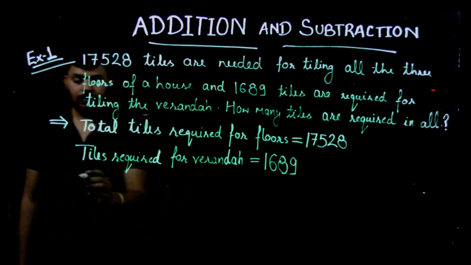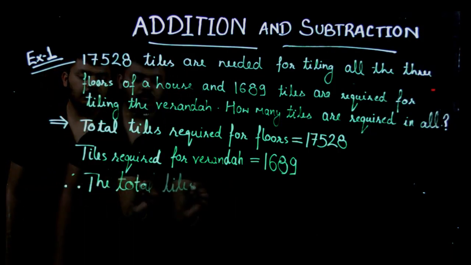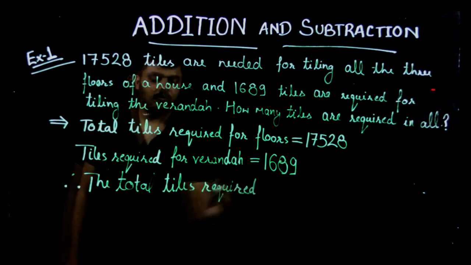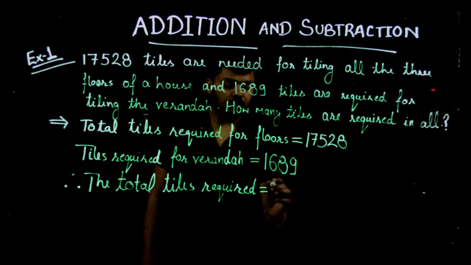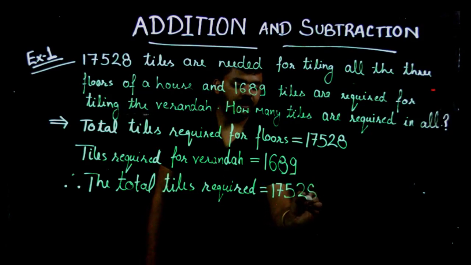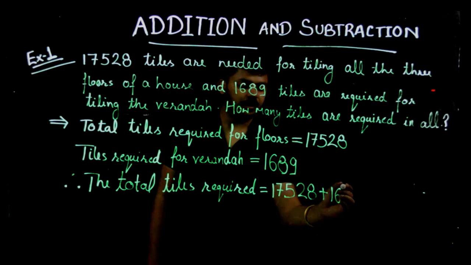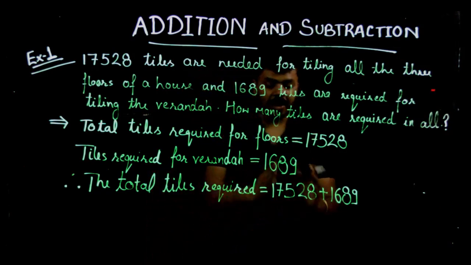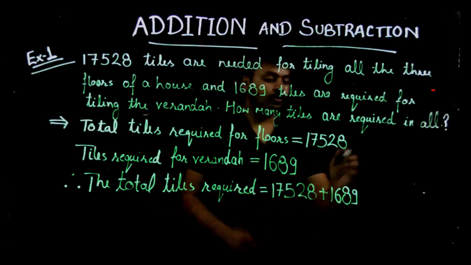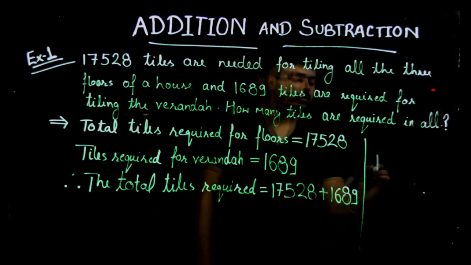So therefore the total tiles required is equal to 17,528 plus 1,689. So we have to do addition of both the numbers. So let's do addition here.